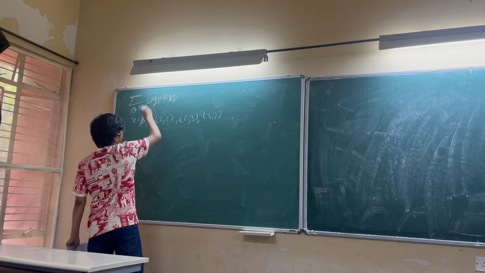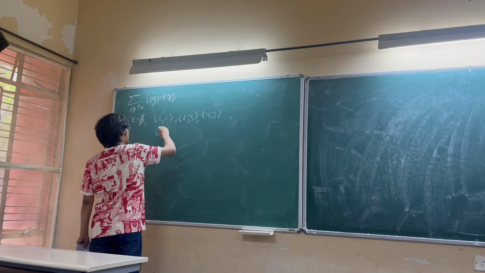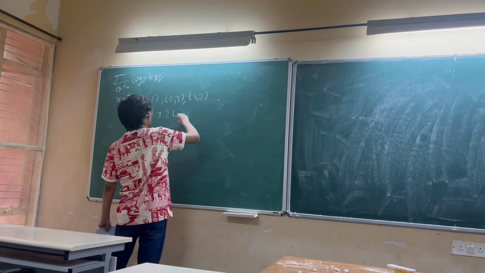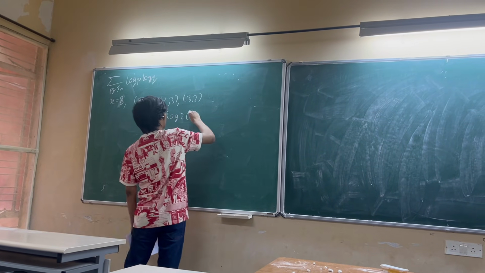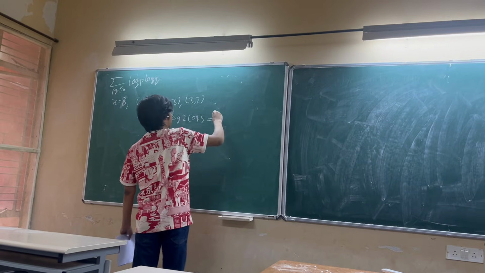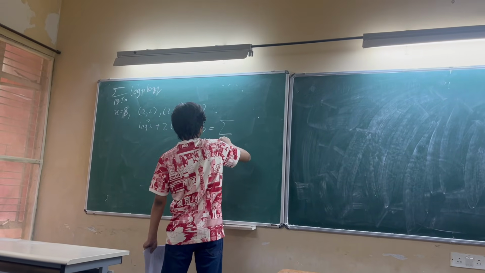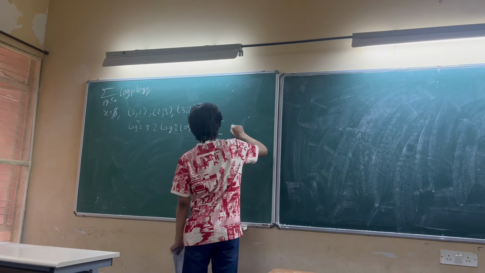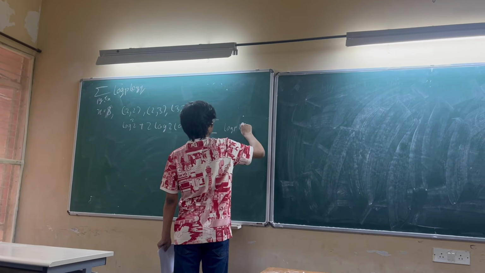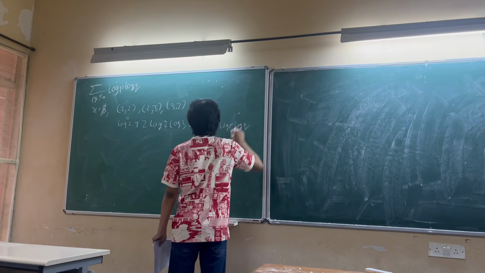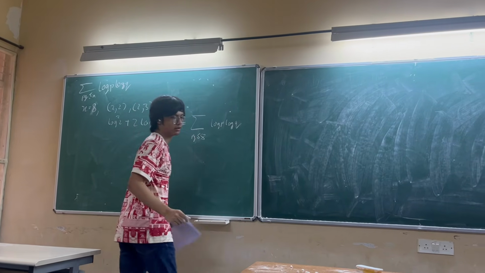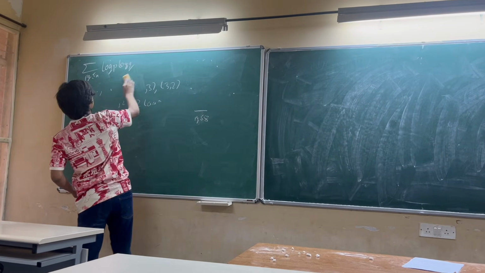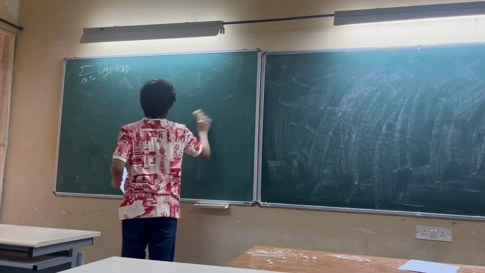So your summation would be log 2 squared plus 2 times log 2 log 3. This is what the summation over pq less than or equal to 8 of log p log q gives. This is just some new notation we are defining.